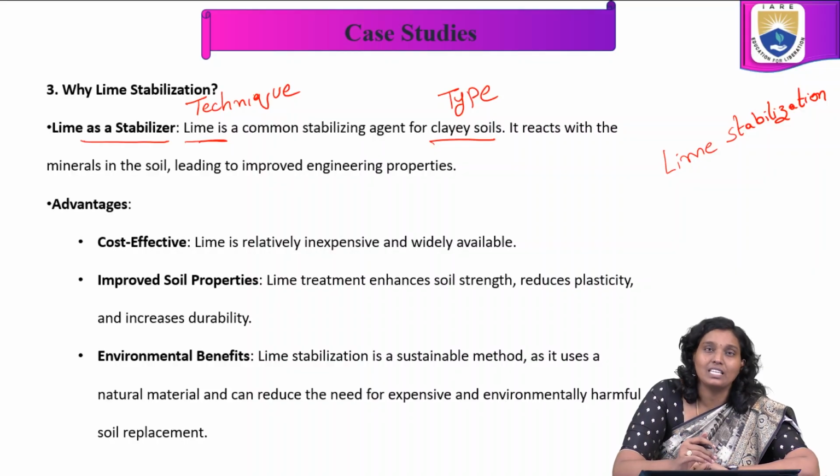Now the advantages: it is cost effective, it improves soil properties, and it has environmental benefits. Why cost effective? When compared to other stabilizers, lime is relatively inexpensive and widely available.